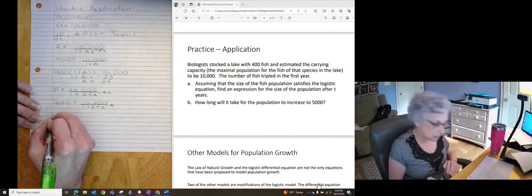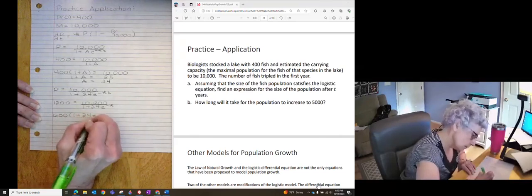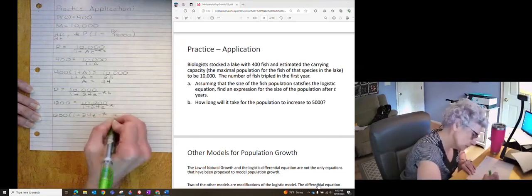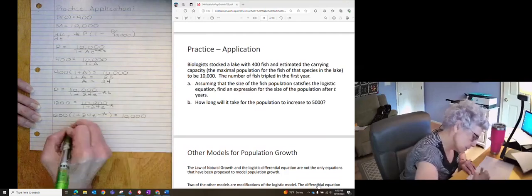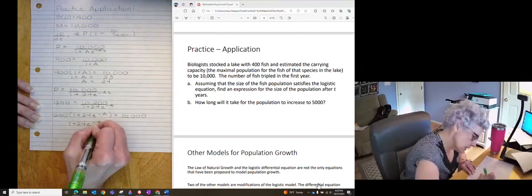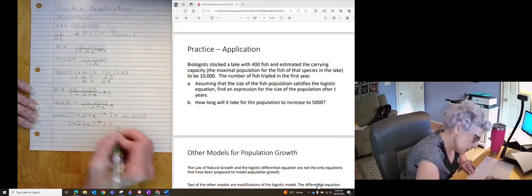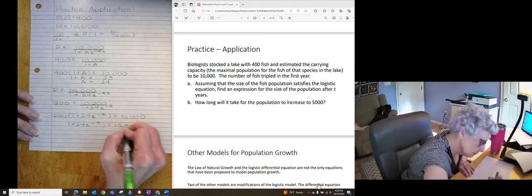So 1,200 times this denominator equals 10,000, so 1 plus 24 e to the minus k is equal to 10,000 over 1,200.